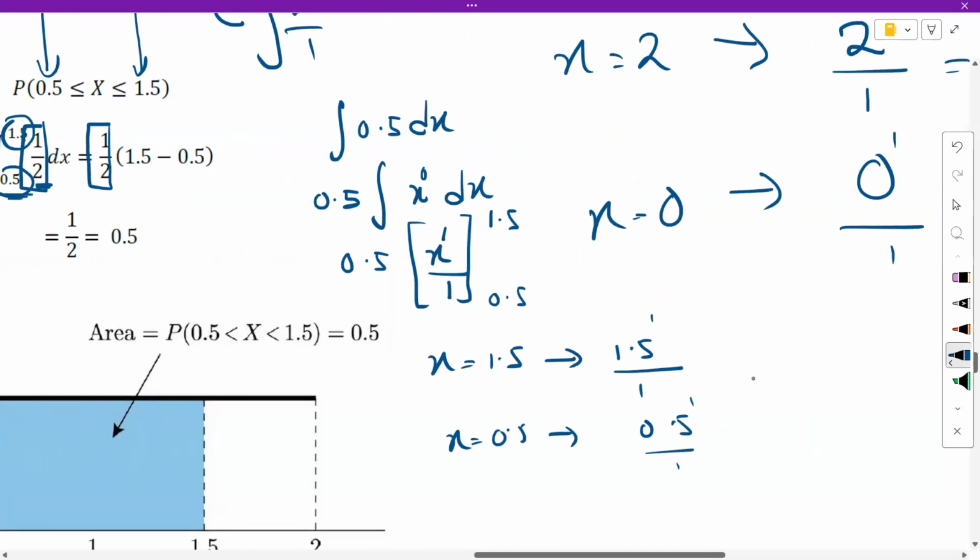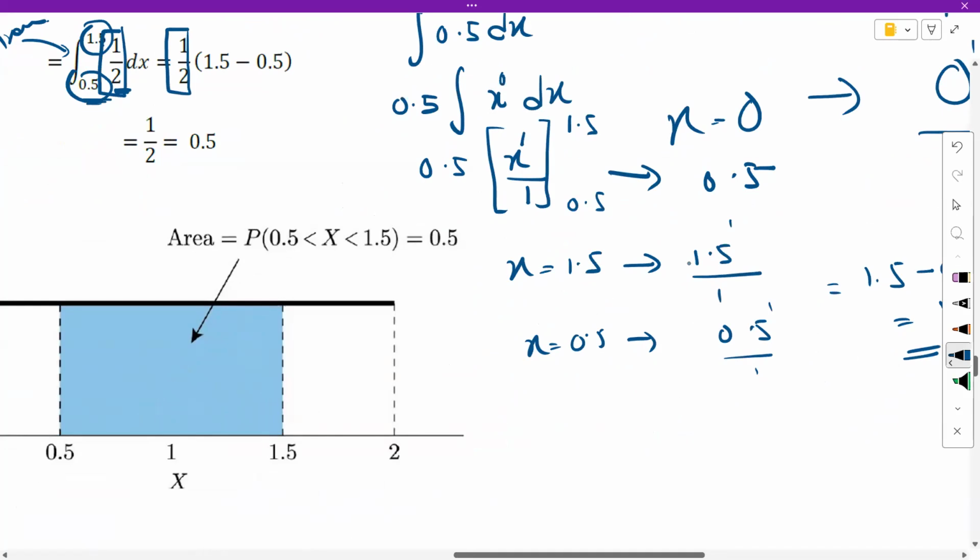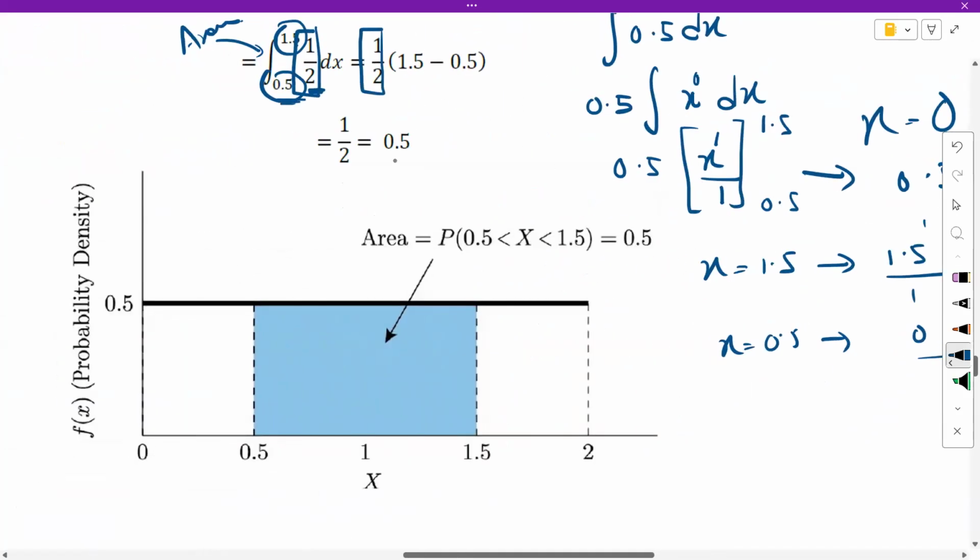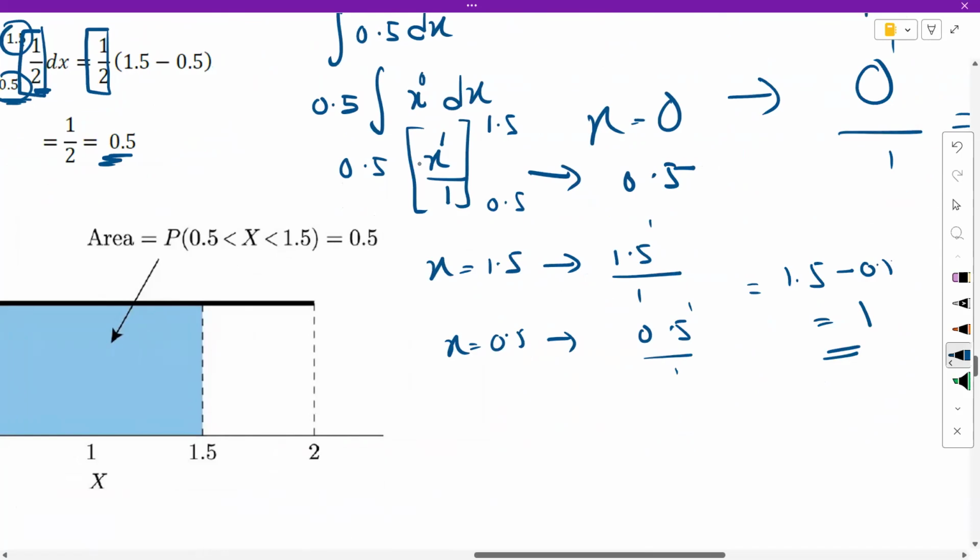So 1.5 minus 0.5 equals 1. Already we have here 0.5. 0.5 into 1 equals 0.5.